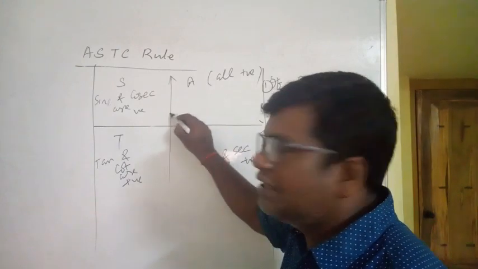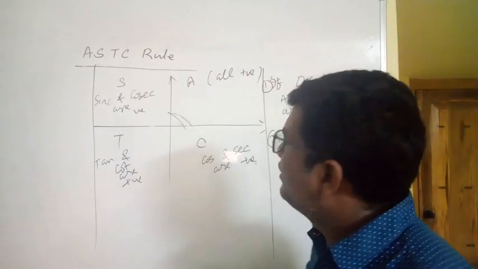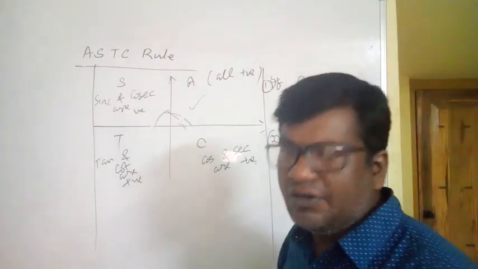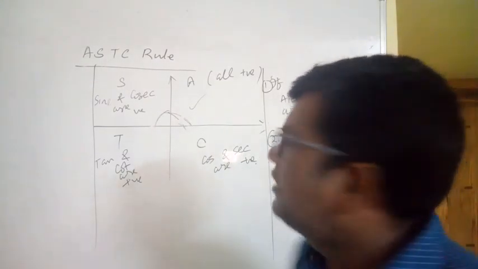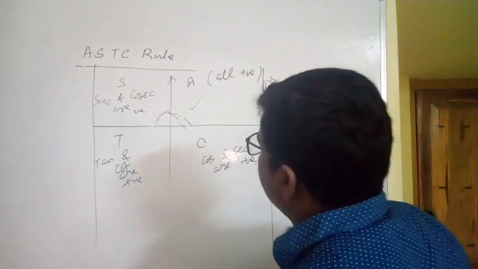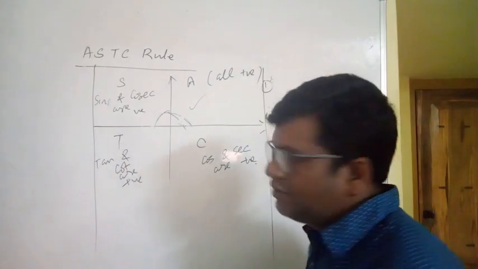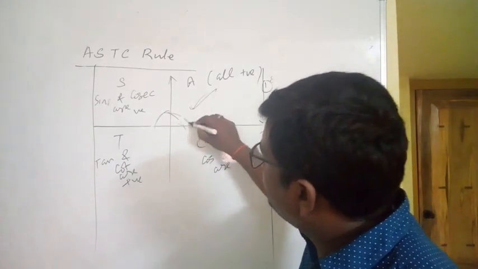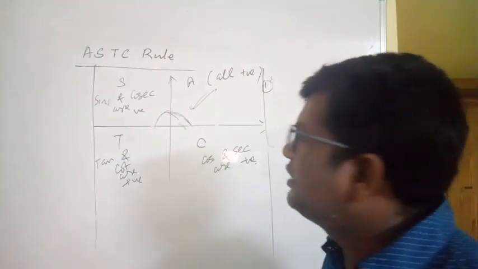This is between 0 to 90, all positive. ASTC: all positive means 0 to 90, all positive.